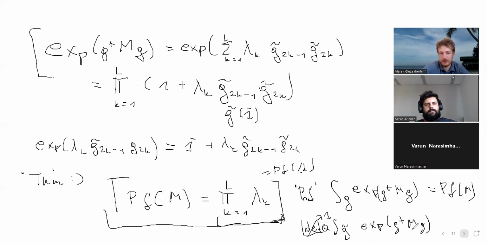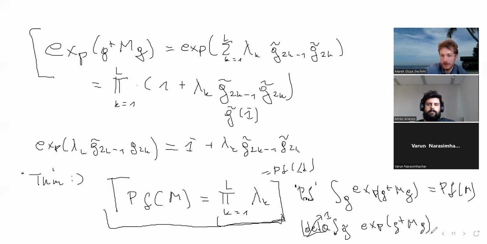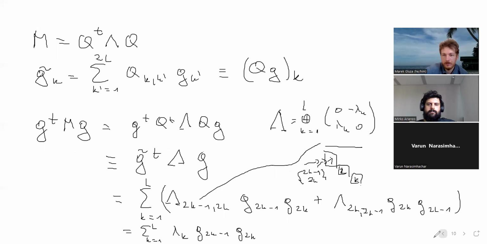If you just go to the Wikipedia page of Pfaffians, you will see, for example, that the Pfaffian equals the full product of the spectrum of the antisymmetric part of IM. And how do you get this? Or you will find a formula on Wikipedia with a determinant. And we are getting this in a way where Grassmann numbers are like a counting device, and then we are just dropping things.